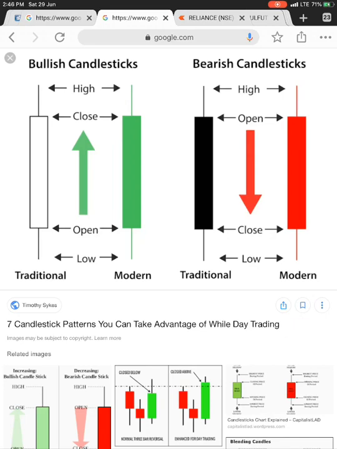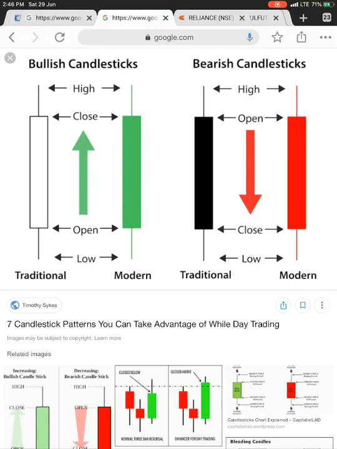So how are these candles formed? What is the reason for forming these different parts of the candle? Whenever the market opens, or whenever a candle starts at a particular time, there are some buyers with respect to a bullish candle and some sellers with respect to a bearish candle.